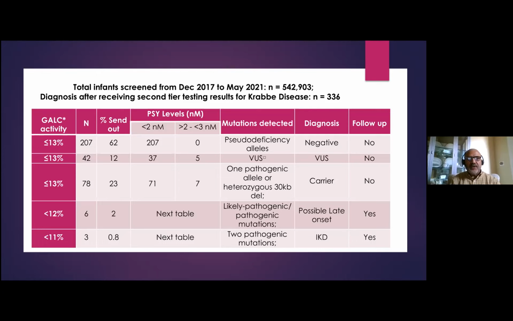This includes 5 having a VUS and 7 having either a heterozygous 30 kilobase deletion or one pathogenic allele. In both cases, these babies were referred and the specialists decide further action. The last 2 categories are related to either possible late onset or infantile Krabbe, shown in the next slide.